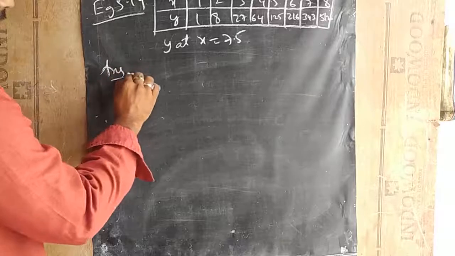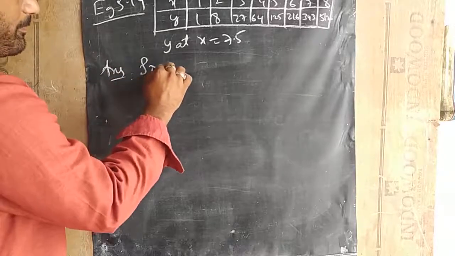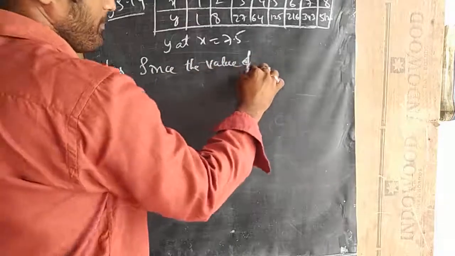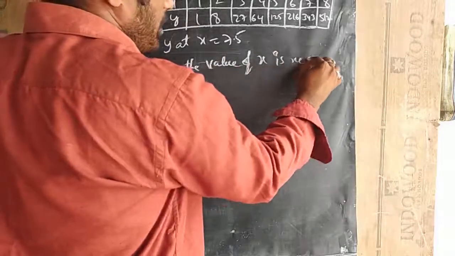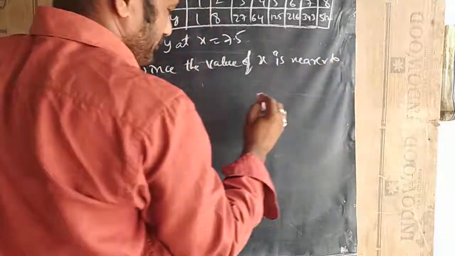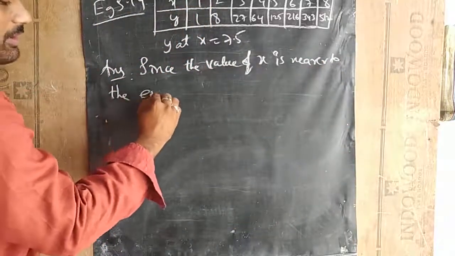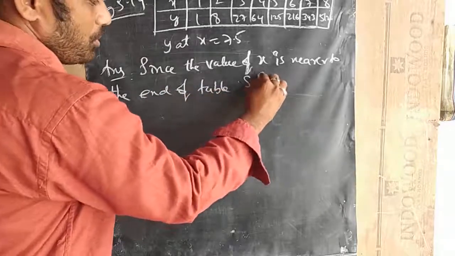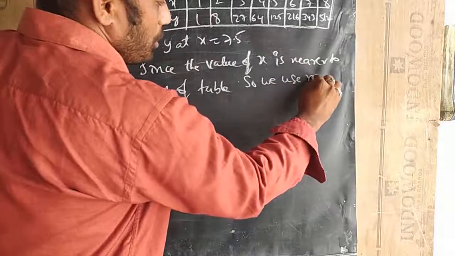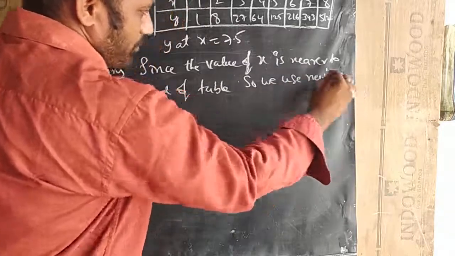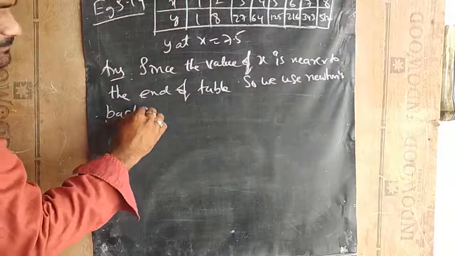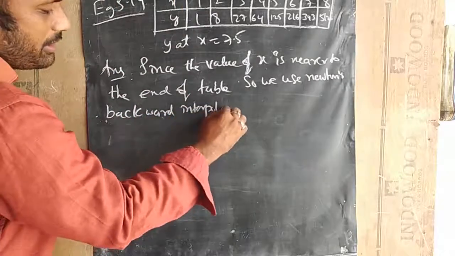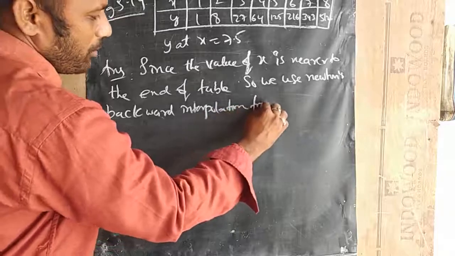Now see here, since the value of x is nearer to the end of the table, so we use Newton's backward interpolation formula.